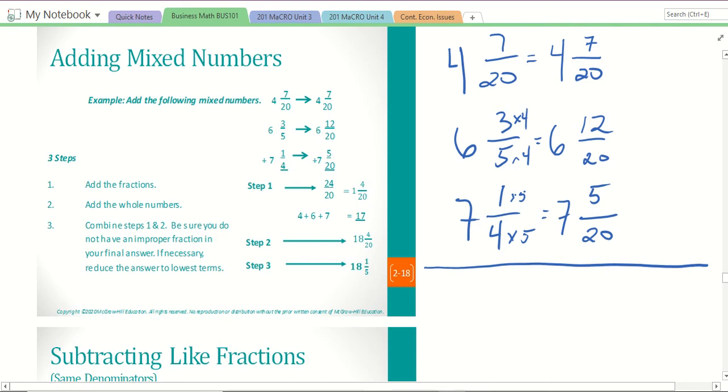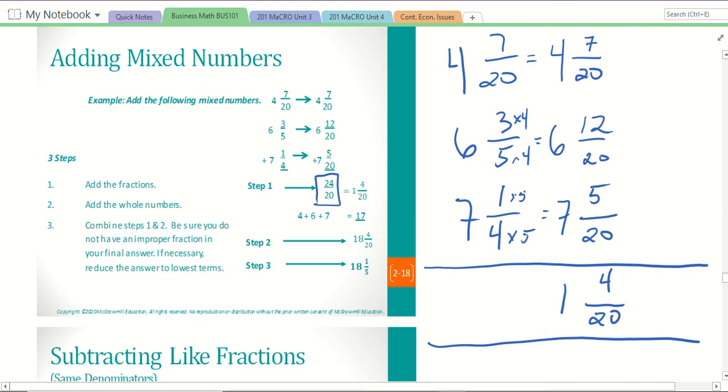So before we start adding up anything, when we add all this up, we get 1 and 4/20. Right, because we add 7 to 12 and 5, we get 24/20. So that's going to equal 1 and 4/20.